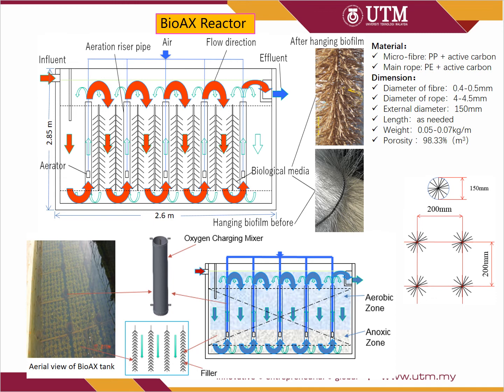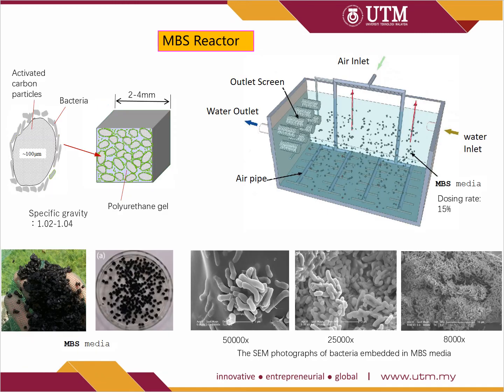In between there is an oxygen charging mixer installed between the chambers to sparge a lot of oxygen through the aerobic zone, and the anaerobic zone has less oxygen sparging, so that aerobic and anaerobic conditions can be controlled by controlling the sparging of the oxygen.